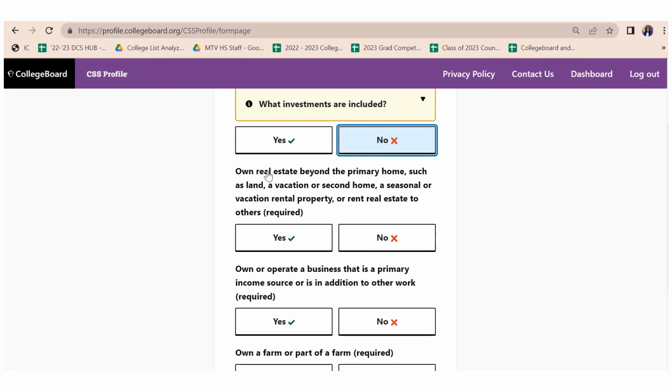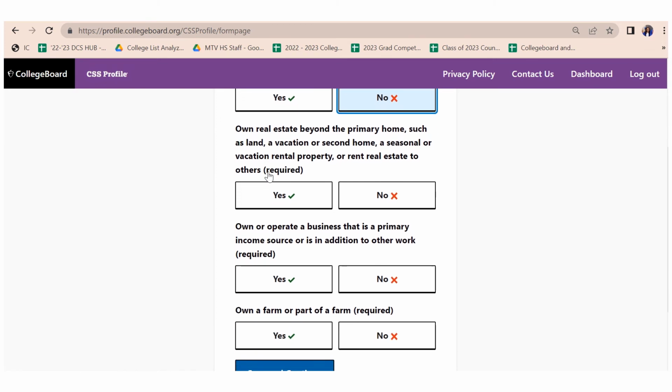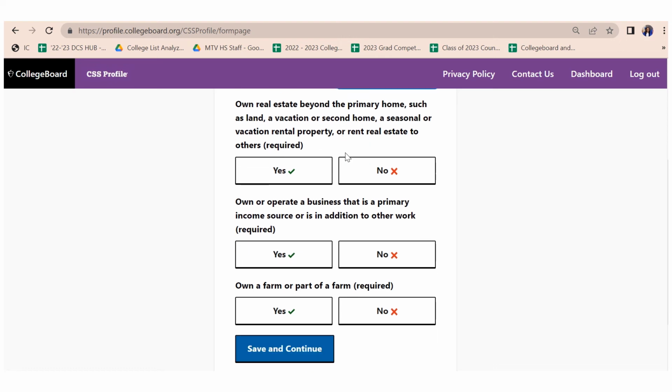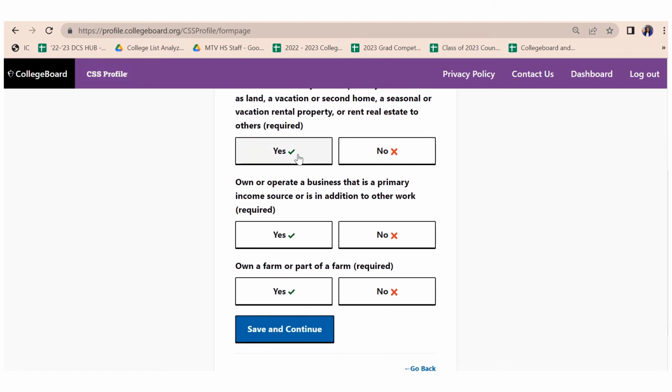This next question is asking if the student's parents own real estate besides the home that you all live in. So this would be a vacation home, a second home, seasonal home, or a rental property that you may rent out. So again, select whichever applies to you.